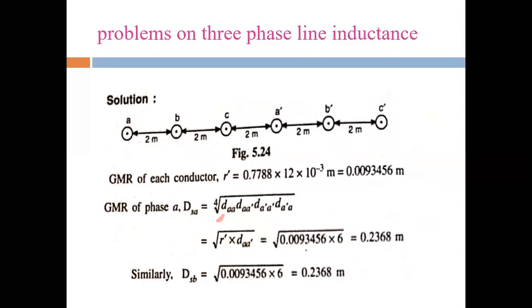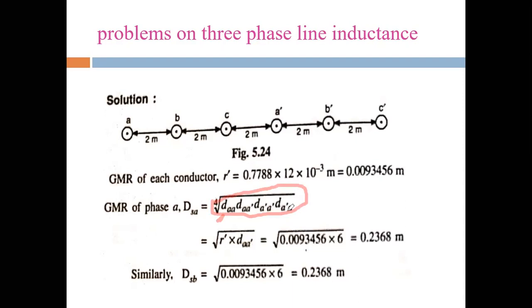How will we calculate Ds? We have two formulas. The first one is the fourth root of DAA, DAA dash, DA dash A, DA dash A dash.